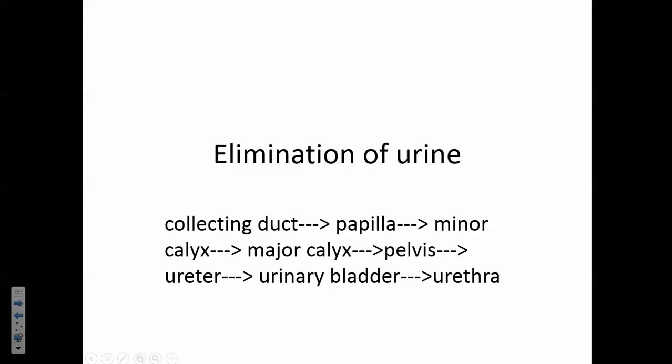The urine, now it's called urine, passes through a renal papilla into the minor calyx, major calyx, and the rest of the pelvis. Remember, all of that pelvis, major, and minor calyx is part of the upper part of the ureter that's within the renal sinus. Then from there it gets into the rest of the ureter, to the bladder, and then out the urethra. So what we're going to do now is look at the ureter, the bladder, and the urethra.